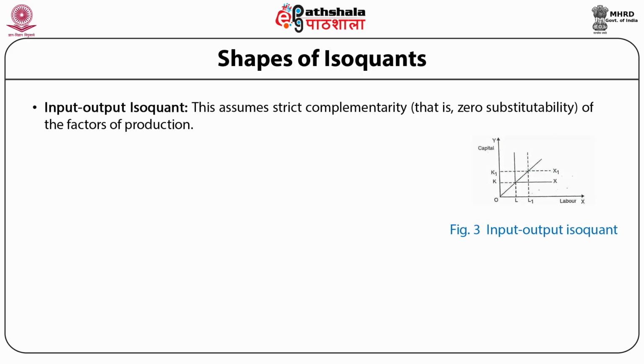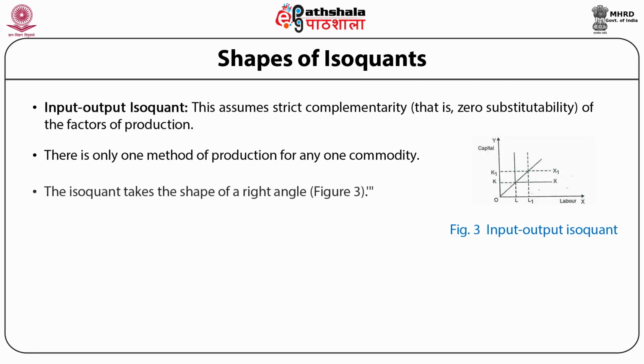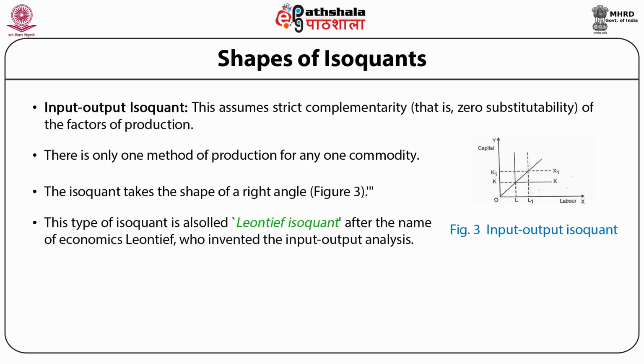This isoquant assumes complementarity, that is zero substitutability of the factors of production. There is only one method of production for any one commodity. The isoquant takes the shape of a right angle, figure number 3. This type of isoquant is also called Leontief isoquant, after the name of the economist Leontief, who invented the input-output analysis.